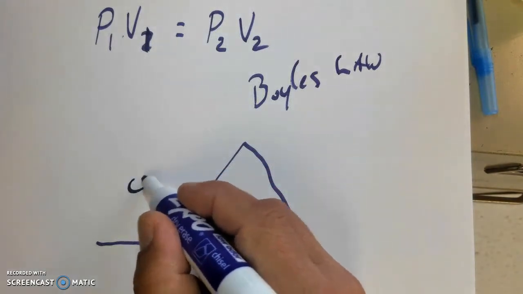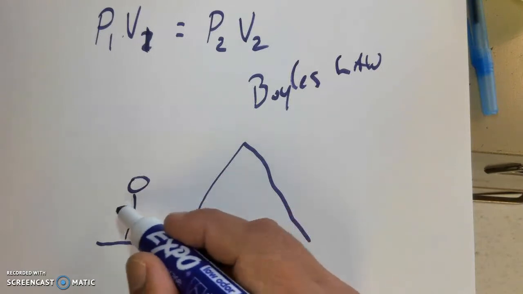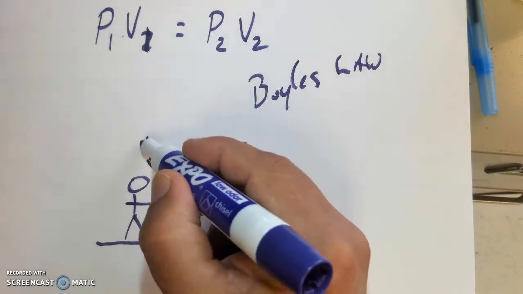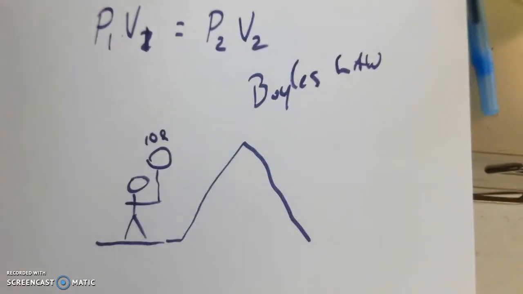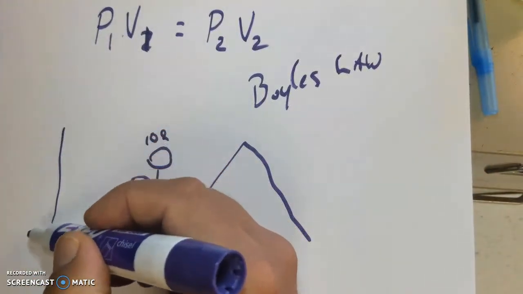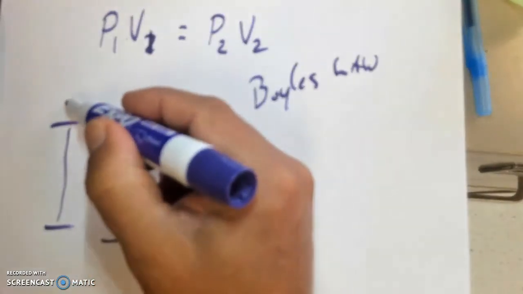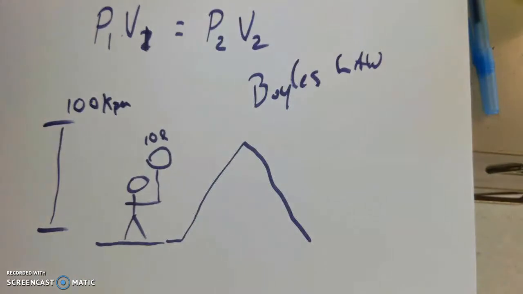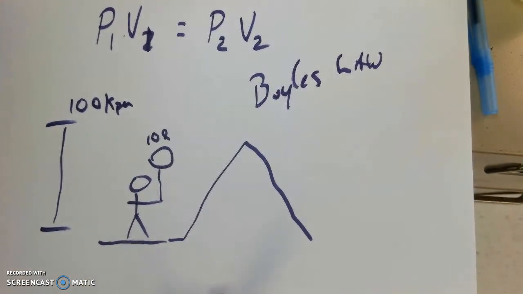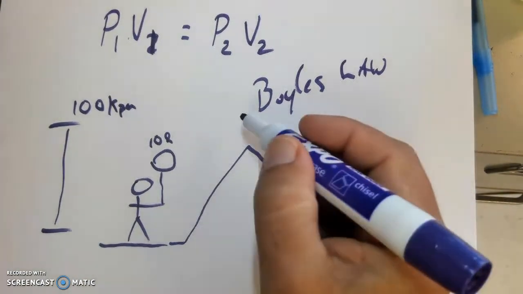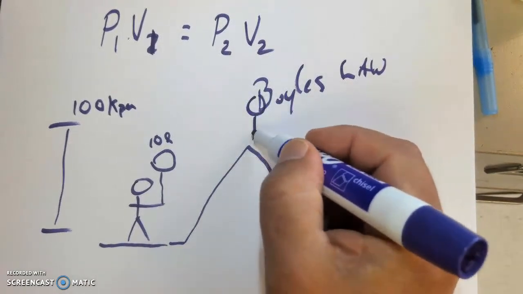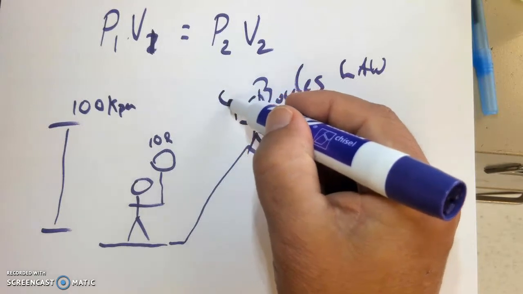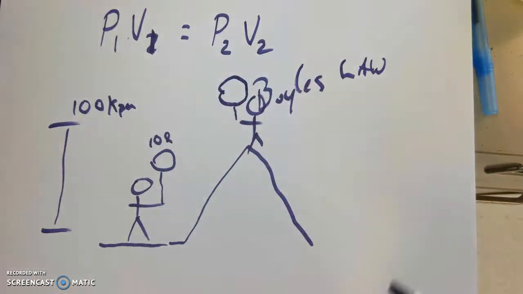But anyway, the problem we're going to do involves a gentleman down at sea level, and he has a balloon that's 10 liters in volume. Down at sea level, he's experiencing 1 atmosphere, or 100 kilopascals of pressure. Now he goes up on top of a mountain, that same fella with the same balloon, and that balloon gets quite a bit bigger.